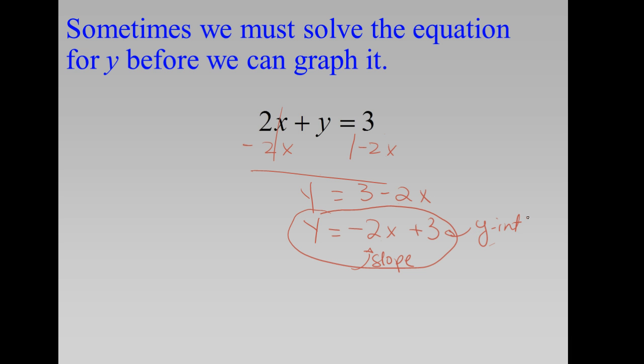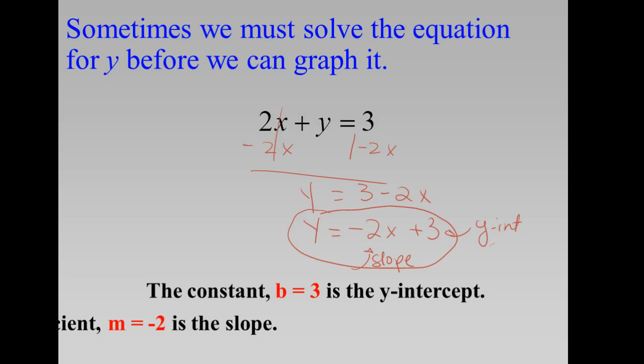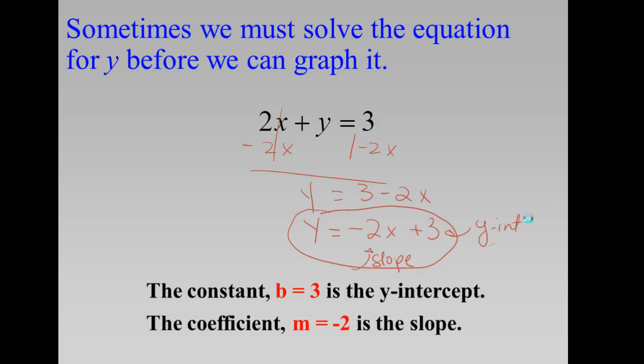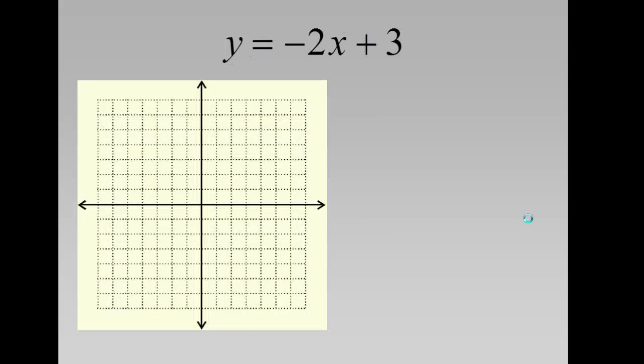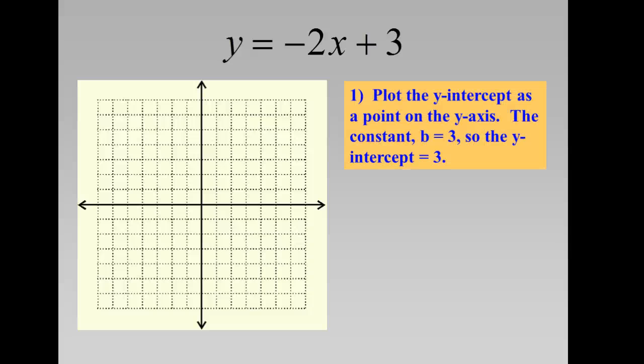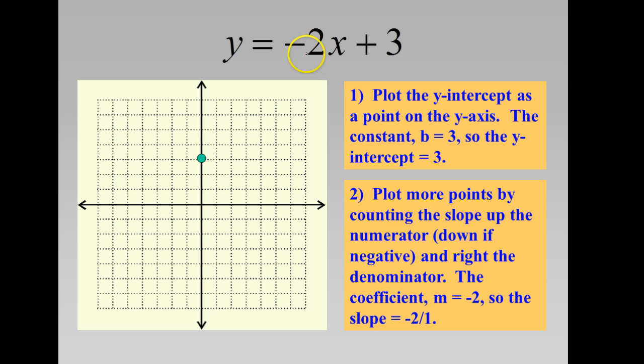Now we can go ahead and graph this. We start at the y-intercept, which is going to be at positive 3 right here. And now remember, the slope is telling me how to move. Remember, if there's no number below it, it is a 1.